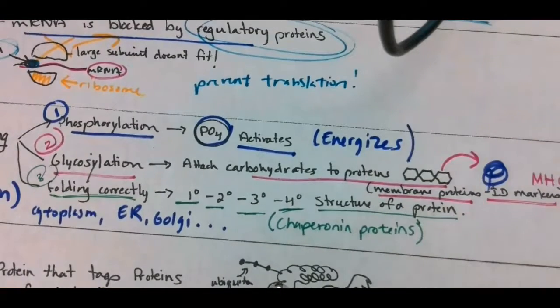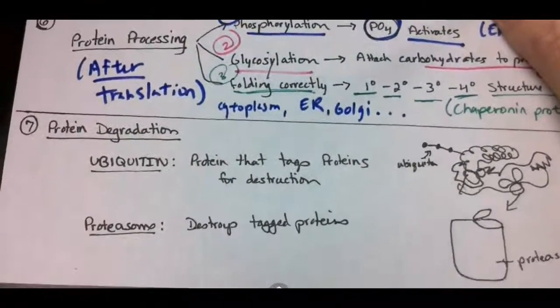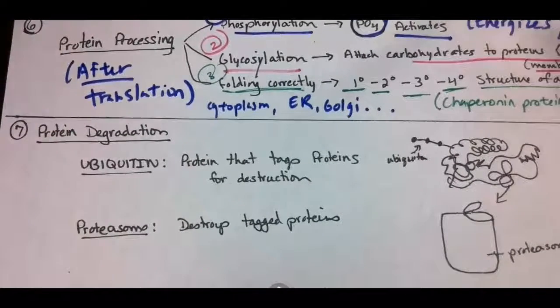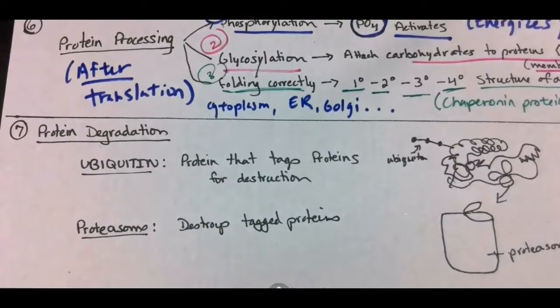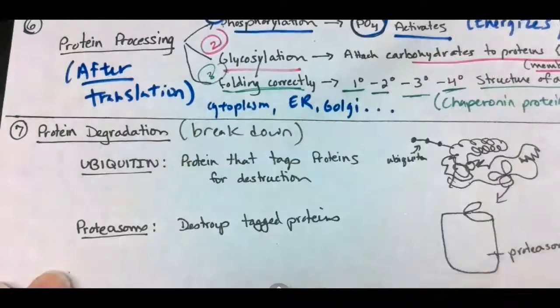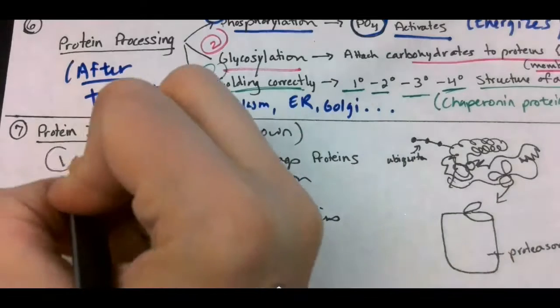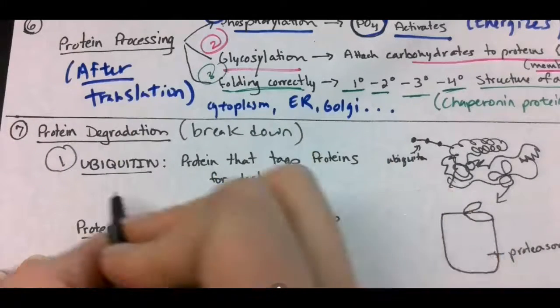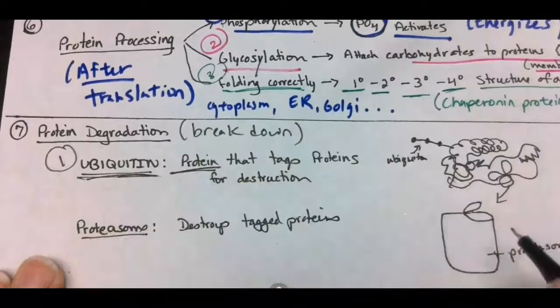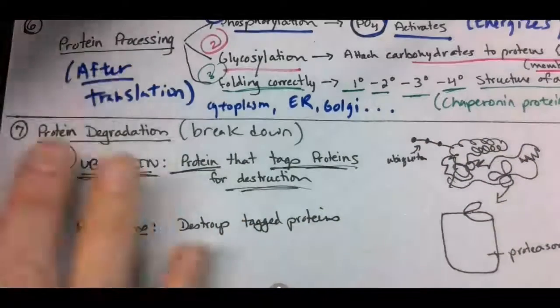Finally, protein degradation. When proteins get old, they need to be broken down. I hope you guys aren't seasick with me moving my camera around. Protein degradation just means breakdown of old proteins. Basically what happens first is there's a protein called ubiquitin. Ubiquitin produces a tag that tags proteins for destruction.